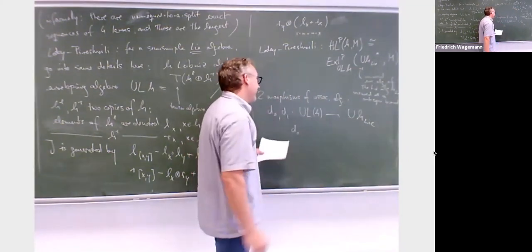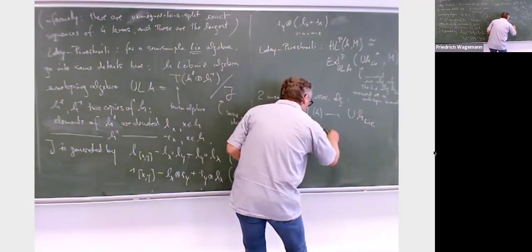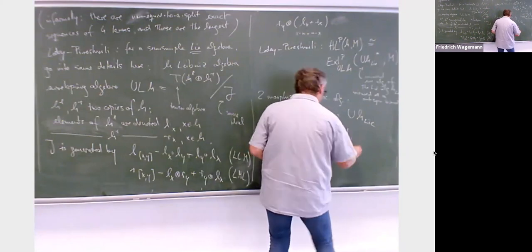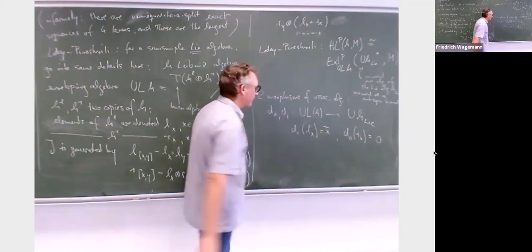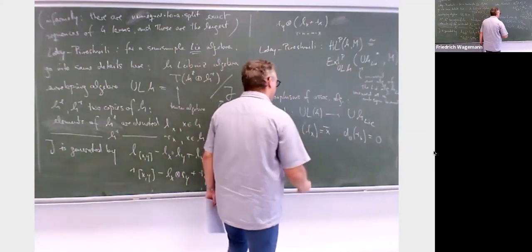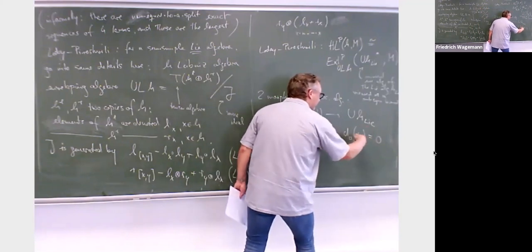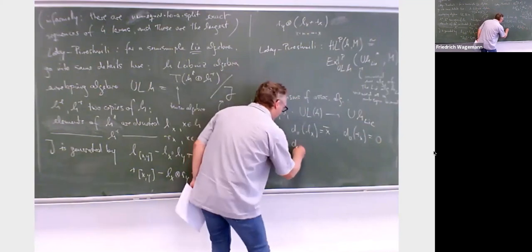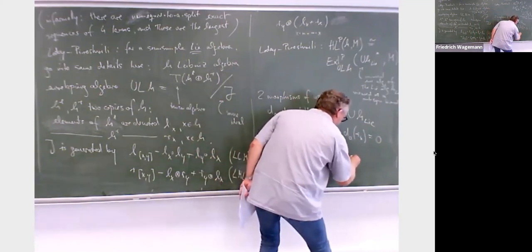One is related to the antisymmetric bimodules, D0, because they are 0 on the right multiplications, and D1 is related to symmetric.